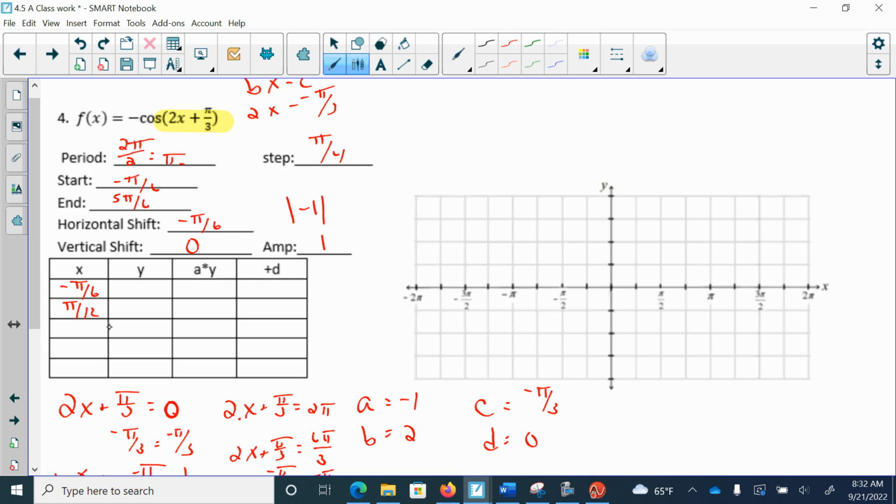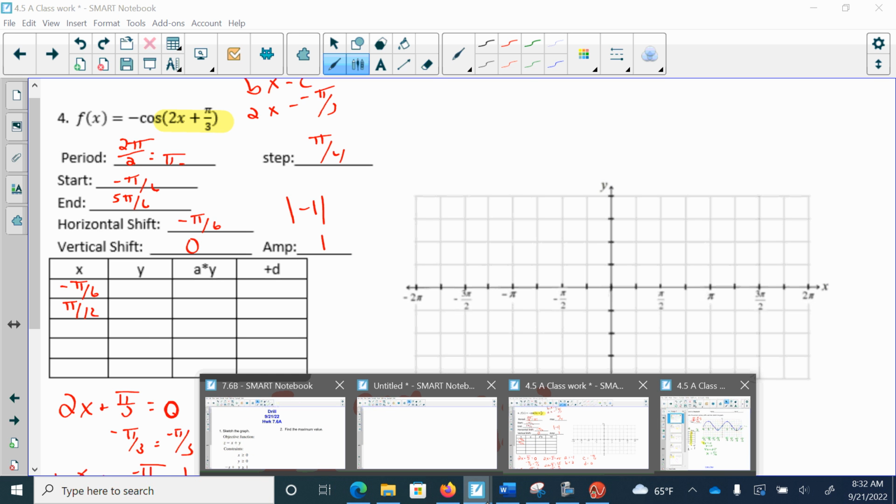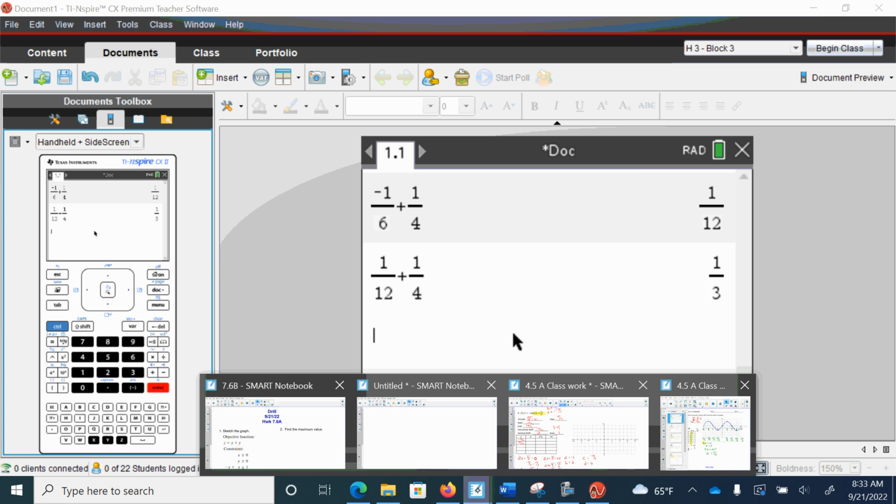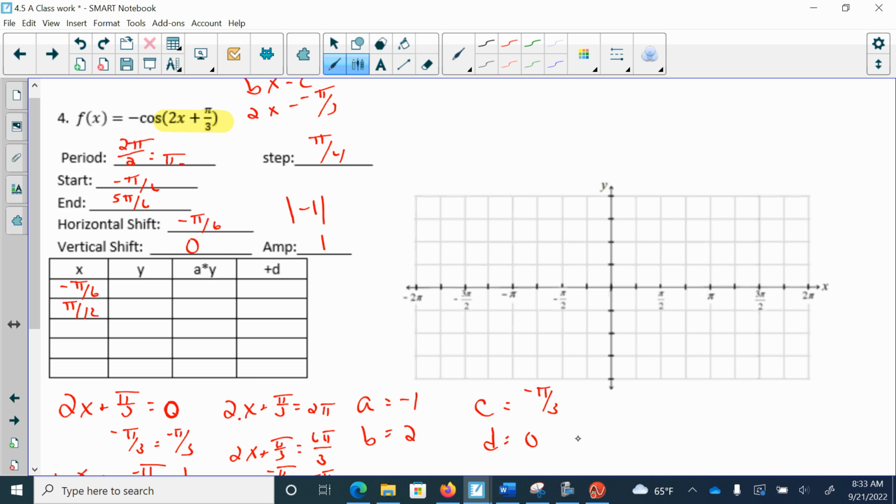I go back to that and add another pi/4, so plus 1/4 again, and I get 1/3. So I write pi/3.